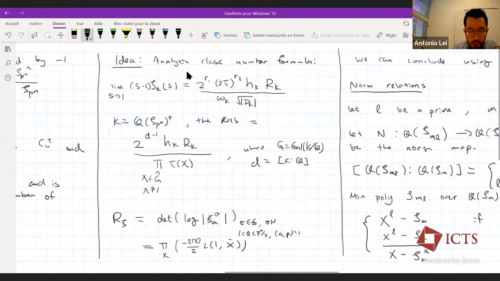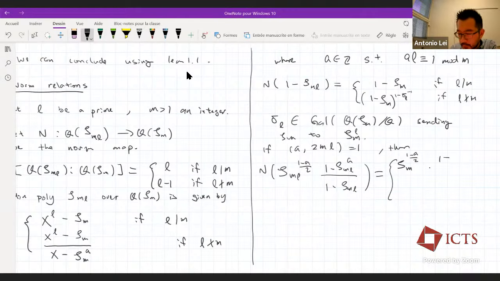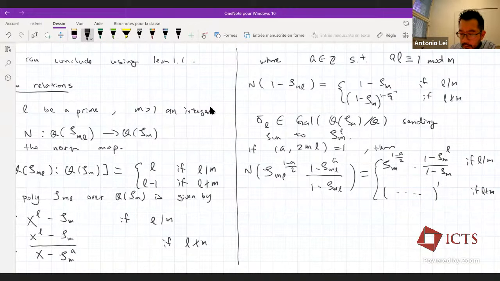Yeah, this should be this. Okay, so this will give me this generator. When I just norm this generator over ML, I get this generator over M. Whereas if I look at the case where L does not divide M, I would get the same thing, but again, I would have to add this factor 1 minus sigma L minus 1 in the image of the norm of this generator.